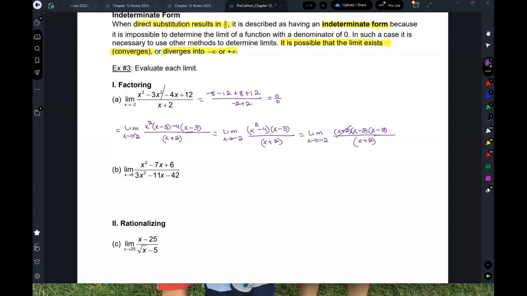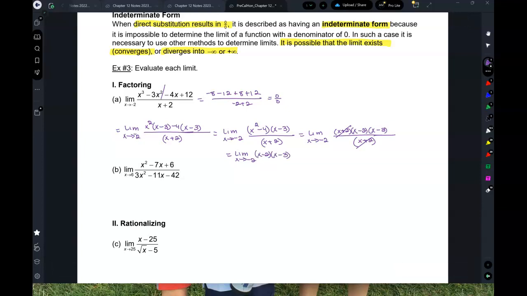At this stage, the x plus 2's will go away. So this is the limit as x approaches negative 2 of x minus 2, x minus 3.